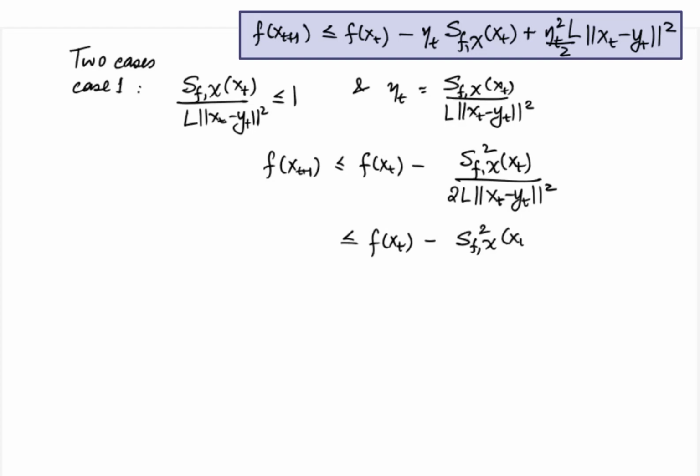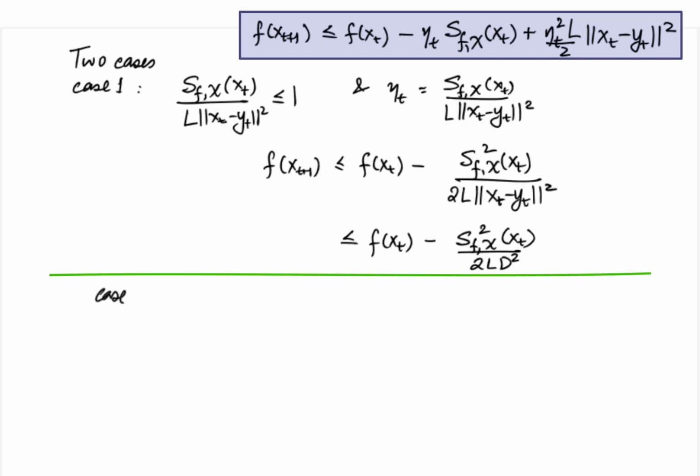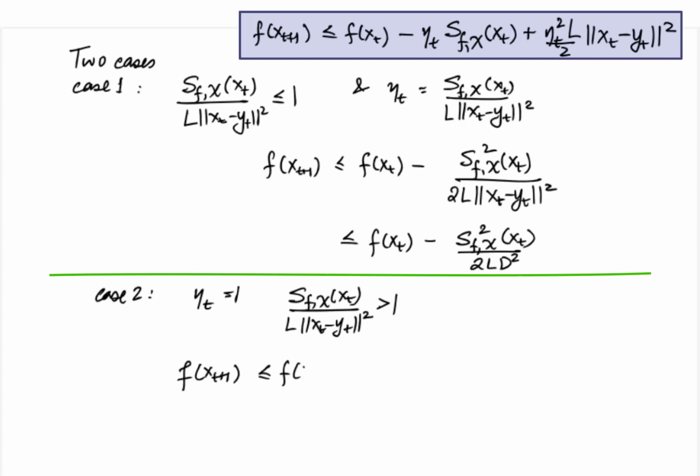Now we can apply the compactness of calligraphic X on the denominator of the second term so as to get the bound that the right hand side is less than or equal to f of xt minus s of xt square divided by 2ld square. And then in the second case, eta t equal to 1, and in that case s of xt divided by L times norm square of xt minus yt has to be greater than or equal to 1. So in that case, let us substitute eta t equal to 1 so that we get f of xt plus 1 less than or equal to f of xt minus s of xt plus L by 2 norm square of xt minus yt.